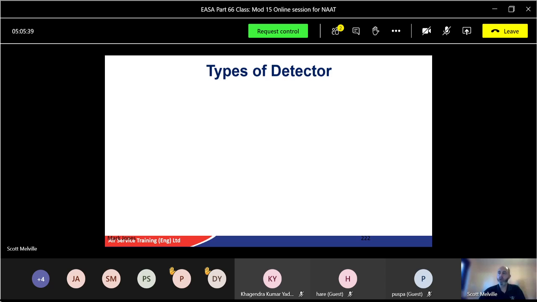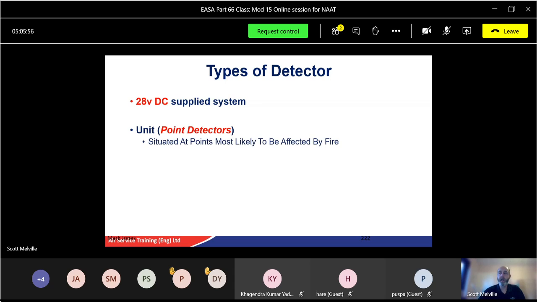All right, so we'll look at types of detector. The types of detector we'll find in the system are usually supplied by your standard 28 volts DC aircraft supply. And we have unit or point detectors. Now these point detectors literally are situated at points most likely to be affected by fire, so they're in the danger zone, and also suitable for overheat detection.